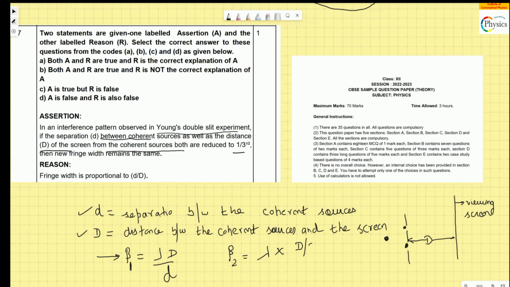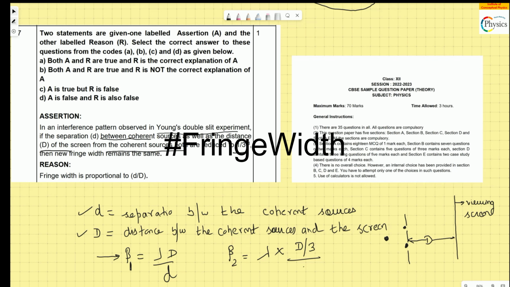Capital D is made 1/3, and the small d is also made 1/3. So the 3 will cancel again, giving lambda D by d. Definitely, if you reduce both small d and capital D by the same amount, which is 1/3, the fringe width remains unchanged. So beta 1 is equal to beta 2.